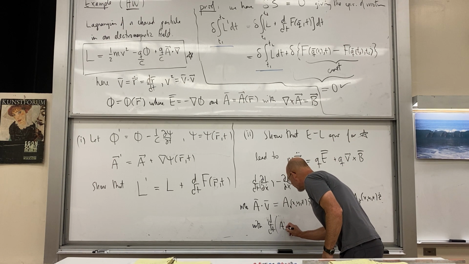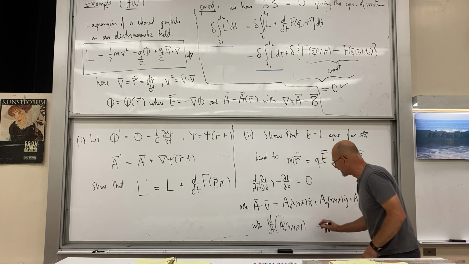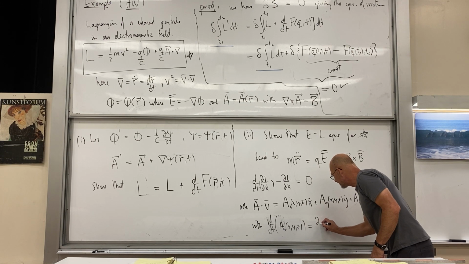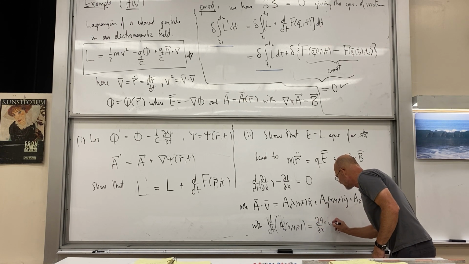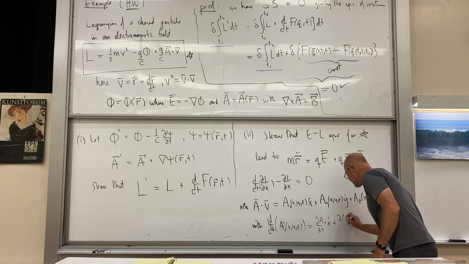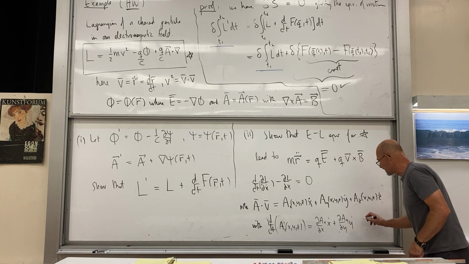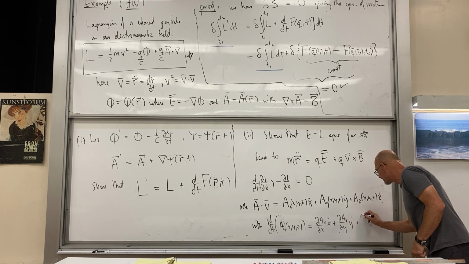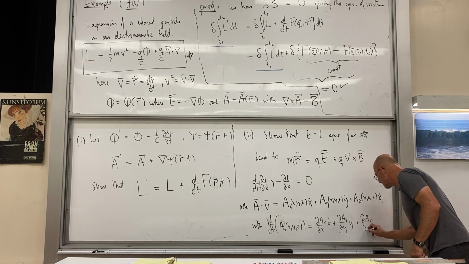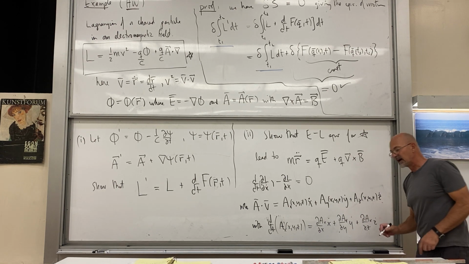So this is going to be one of those terms, of x, y, and z. I just want to show you how you expand that out. That then is partial A sub x partial x, chain rule, x dot, plus partial A sub x partial y, y dot, plus partial A sub x partial z, z dot.